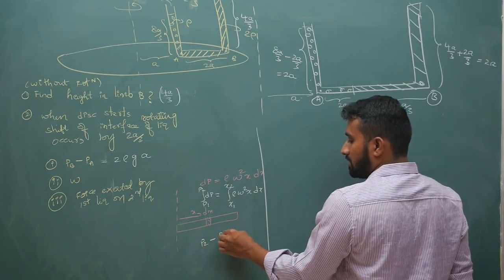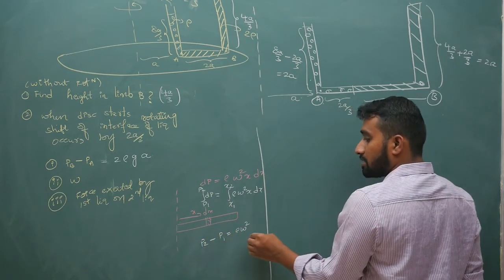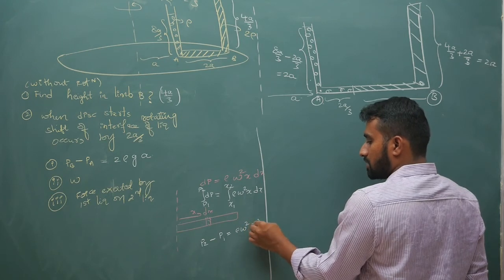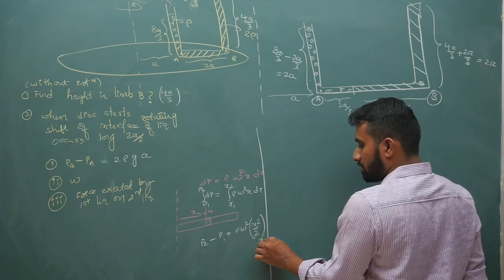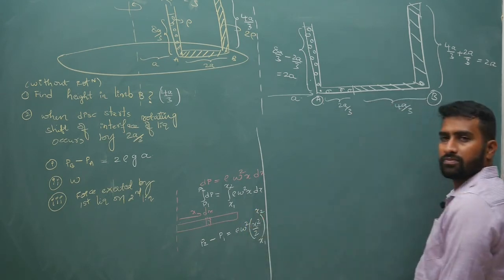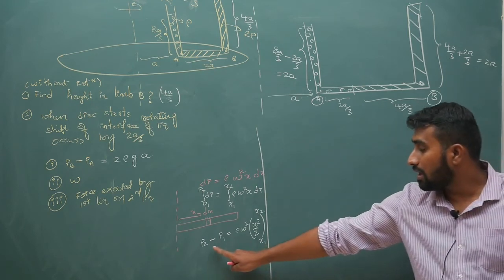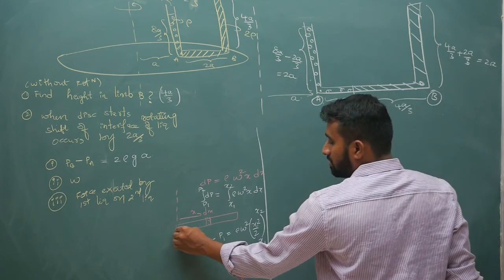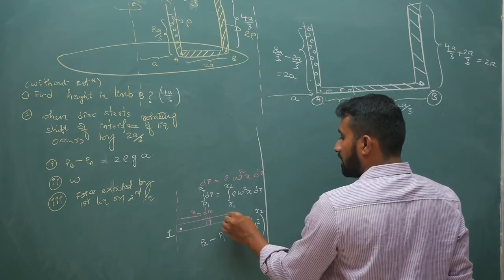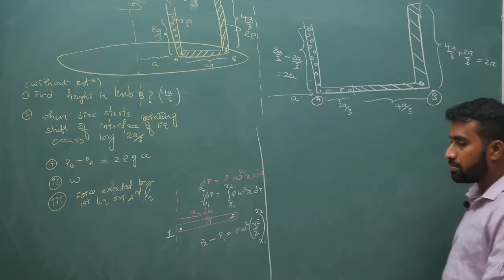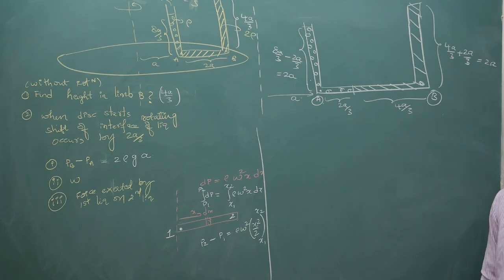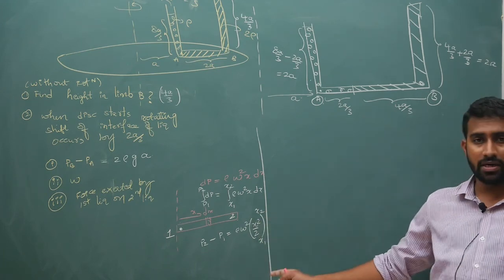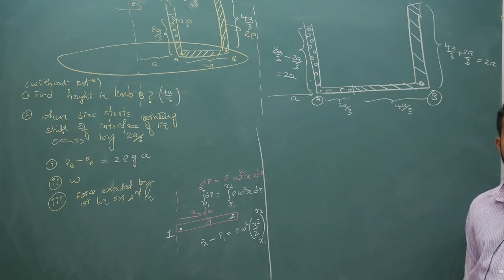P2 minus P1 is equal to rho omega square times x square by 2, lower limit x1, upper limit x2. Now I will apply this logic. Any 2 points, we took this point as 1, this point as 2, and we wrote P2 minus P1 equal to rho omega square L square by 2, between the x1 and x2 points. If you look at the previous derivation.